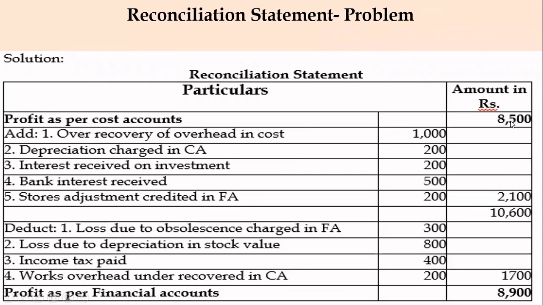So when you take profit as per cost account 8,500, some items are added and some items are deducted, and finally we arrive at profit as per financial account, that is 8,900. So the answer is already known, so you will be confirmed whether your answer is right or wrong. This is how we solve this problem.